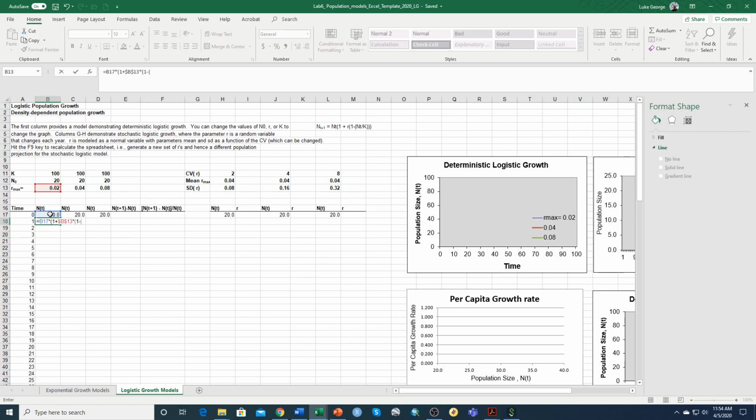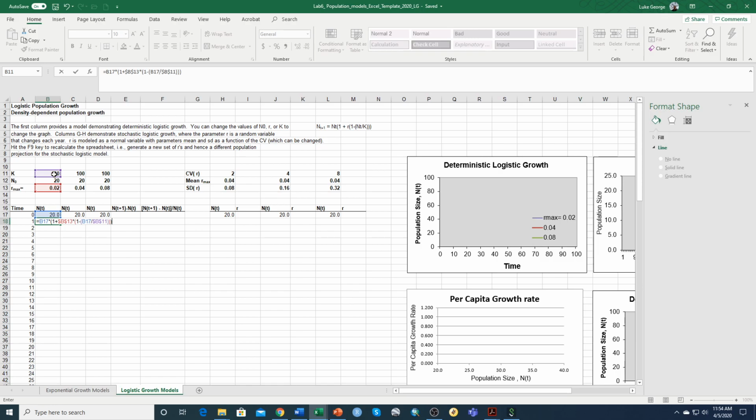Again, we want to use the previous time step value of n. We divide that by our carrying capacity, and again we want that to stay the same, so we make that an absolute reference. Now we need to close all these parens, and the cool thing in Excel is it'll highlight the parens that it's matched with as you add them, so I can see now that I've got all three.